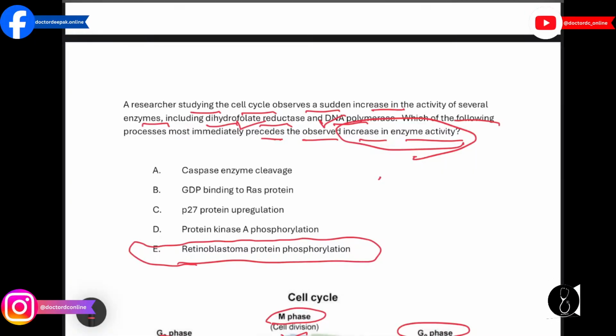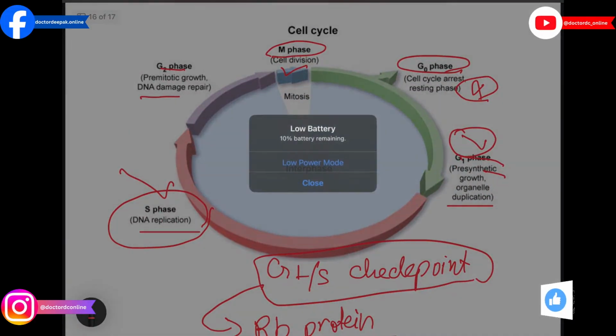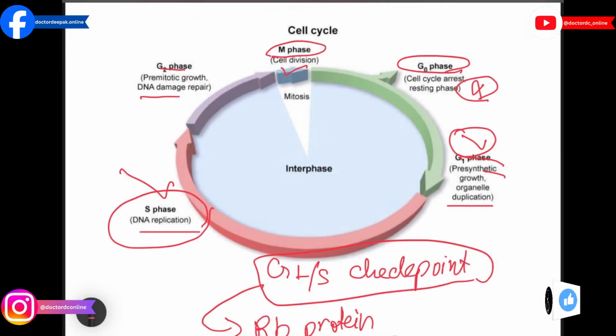Cyclin D, cyclin E, and the corresponding cyclin-dependent kinases are activated, and the retinoblastoma protein is phosphorylated, releasing the E2F factor, which allows progression to S phase.